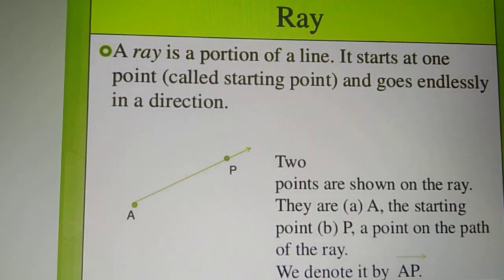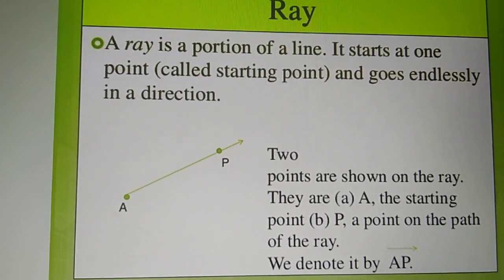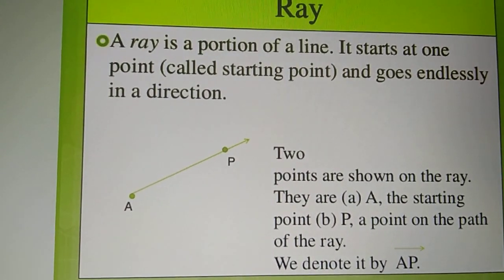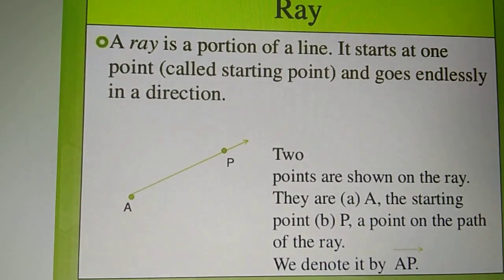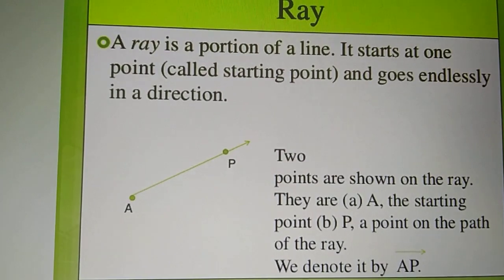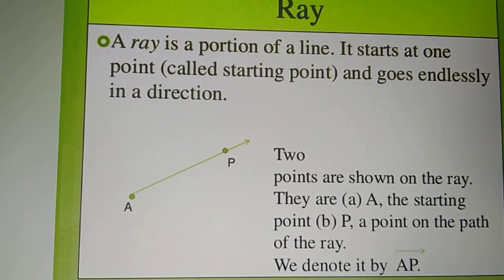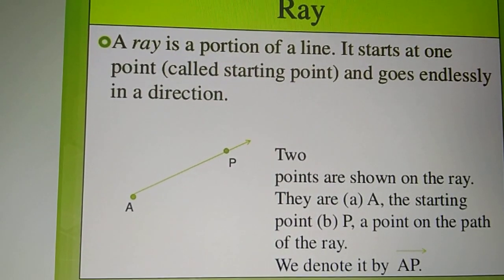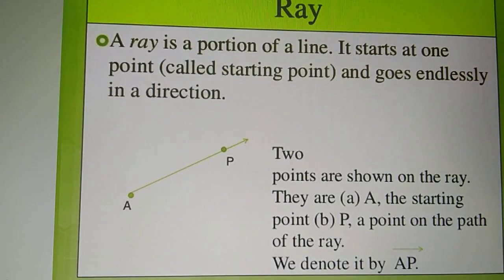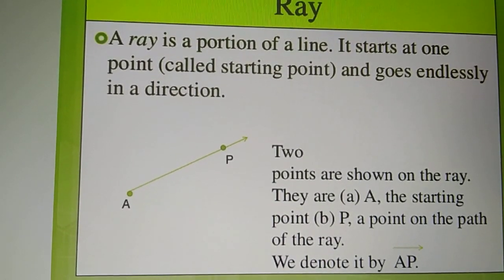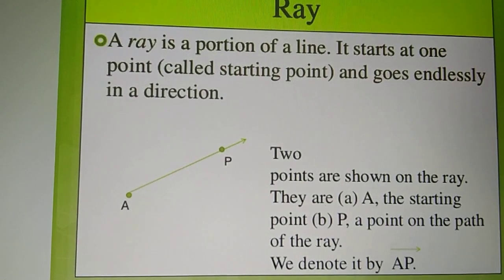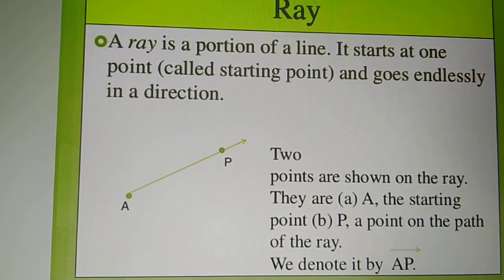What is a ray? A ray is a portion of a line. It starts at one point, called the starting point, and goes endlessly in a direction. Two points are shown in the ray. First A, the starting point, and the second P is a point on the path of the ray.